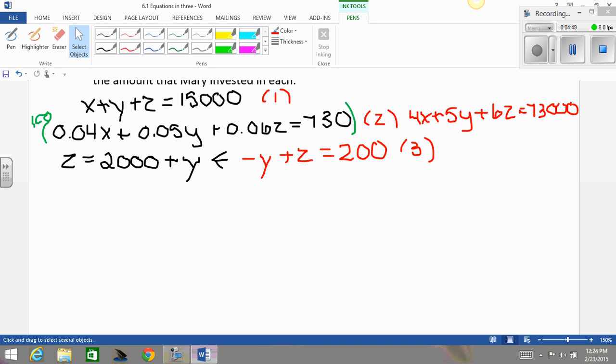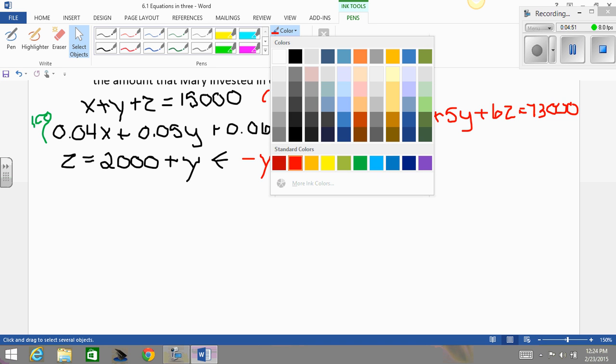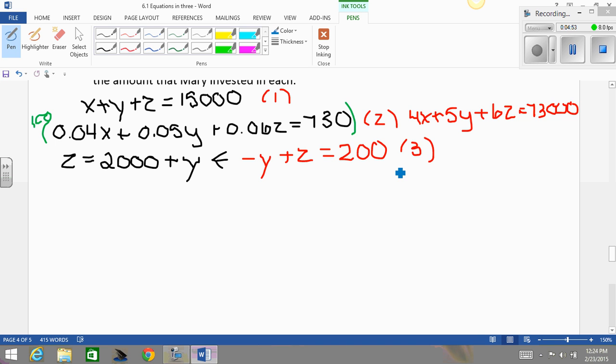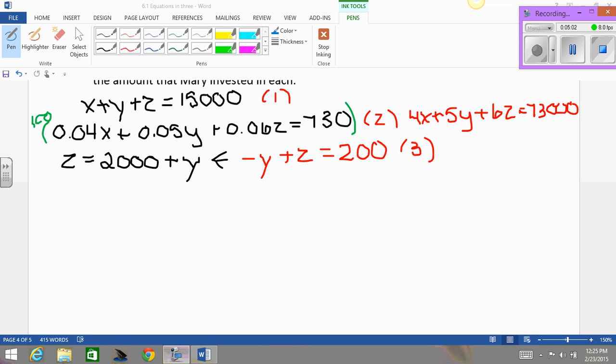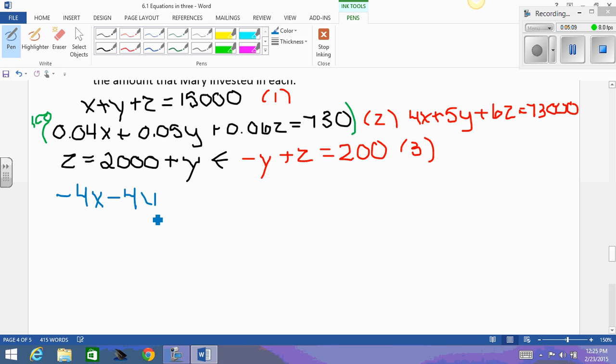It looks like I'd have to multiply through by a 4 or a negative 4. That's going to give me negative 4x minus 4y minus 4z equals negative 60,000.